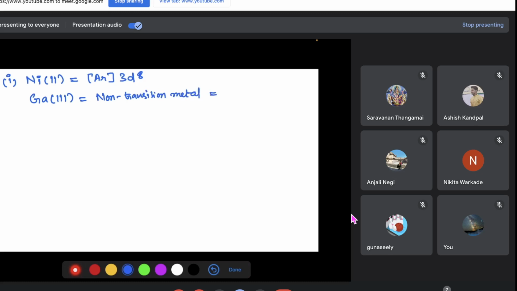So this has a CFSE of 0, and this one definitely has a CFSE of minus 1.2 del naught. Correct?